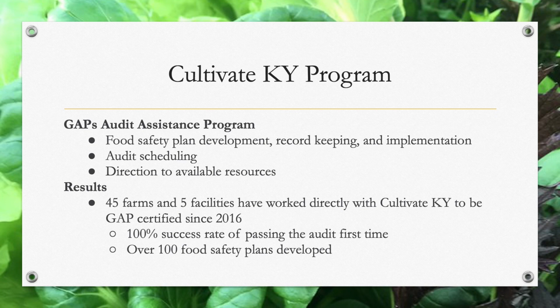This is the point where we kind of hand it off to you to instill a food safety culture in your operation. And once you're comfortable that your food safety plan and record keeping process is implemented, then we will schedule an audit. And other things I can help with are direction to other available resources in regard to food safety or wholesale market access, or any other kind of technical assistance throughout the extension network.